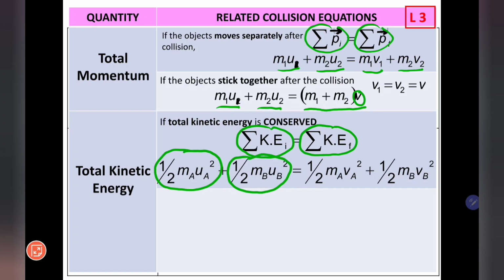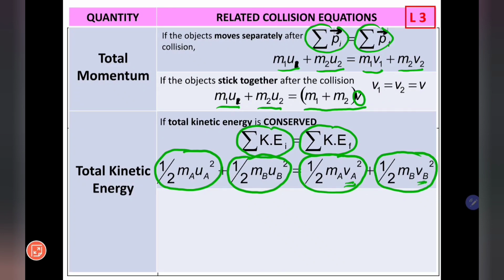After the collision, the kinetic energy is half m_A V_A squared, the kinetic energy of A after the collision, and again half m_B V_B squared, representing the kinetic energy of B after the collision.